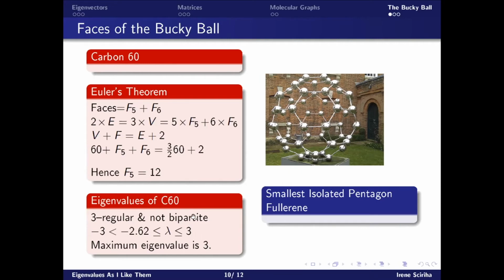Because it has pentagons, it's not bipartite, and therefore we know that the minimum eigenvalue will be larger than -3. In fact, it's -2.62. Now, if you put pentagons next to each other, the shape will be very strained and usually breaks down. So we know of no carbon molecules that have pentagons next to each other.